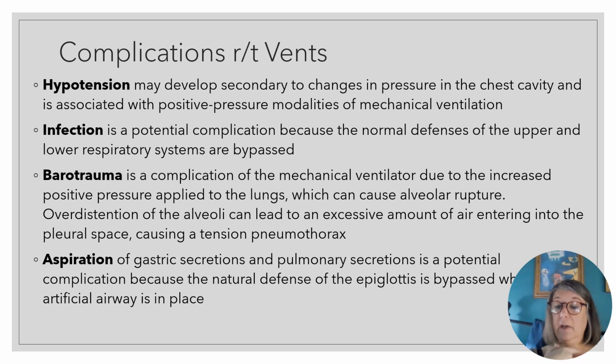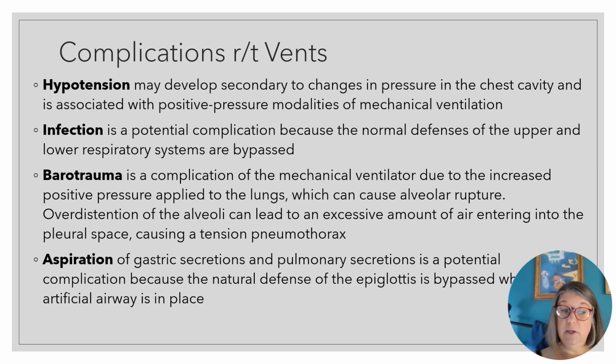Think about that. We have a hole here. So if we have a trach, it bypasses all this stuff. If we have an ET tube, we're bypassing all this stuff. So infection is always a thing. Barotrauma is related to the positive pressure being used in the lungs, which can cause the alveoli to pop, like we talked about, related to our COVID people. And then aspiration. Again, we're kind of providing a straight shot to the lungs. So we're always worried about our people aspirating.